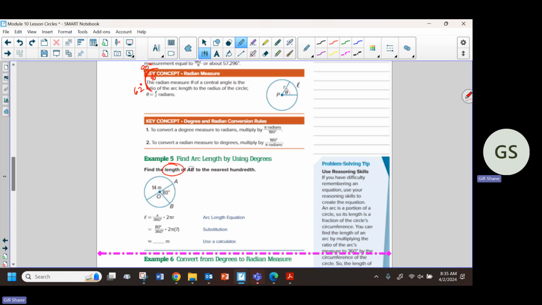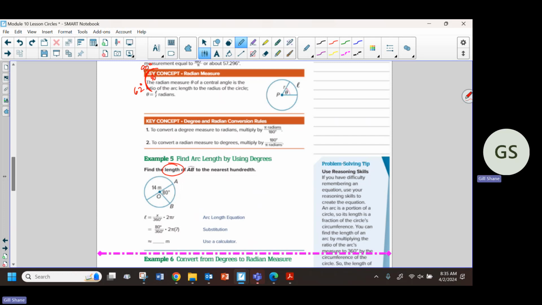So you need to make a note of that. Length means you need to think, I'm going to use the circumference. Write that down. If you see that word length in the problem, that means you're probably using the circumference. Otherwise, they would just say find the arc or find the angle, and then you're dealing with degrees.